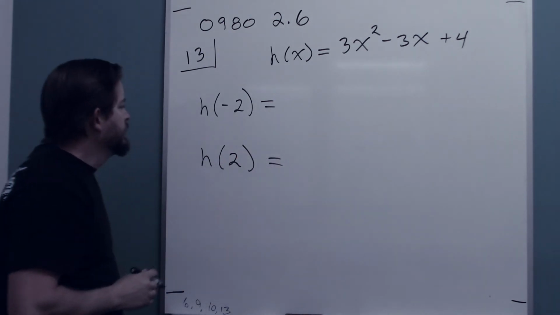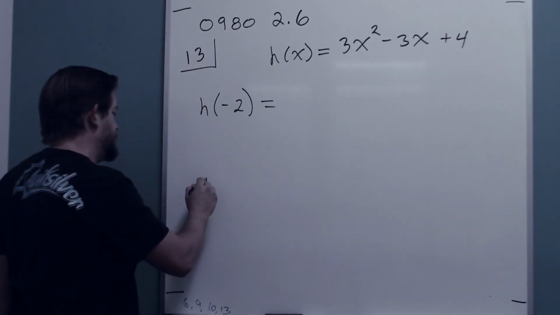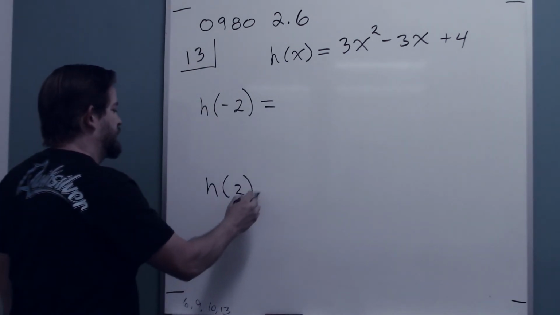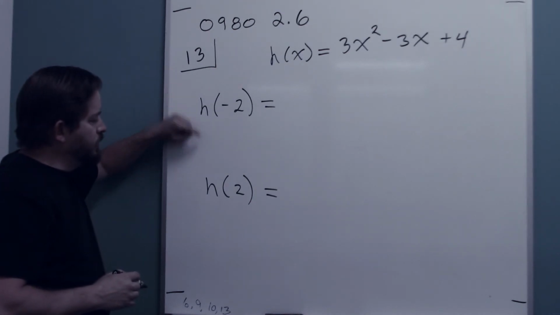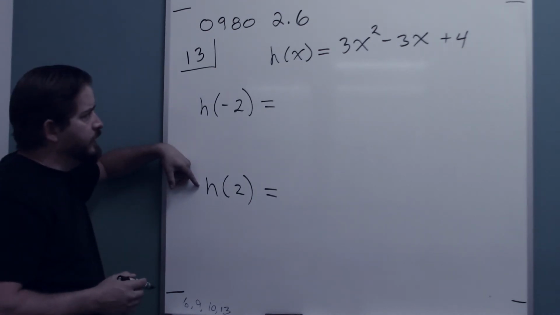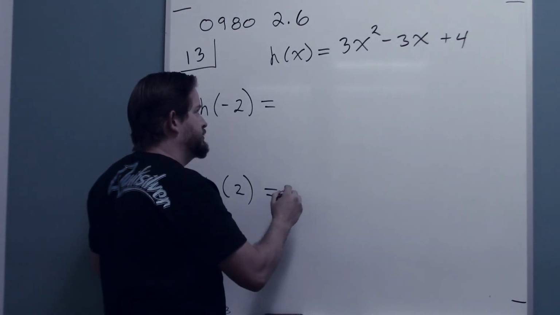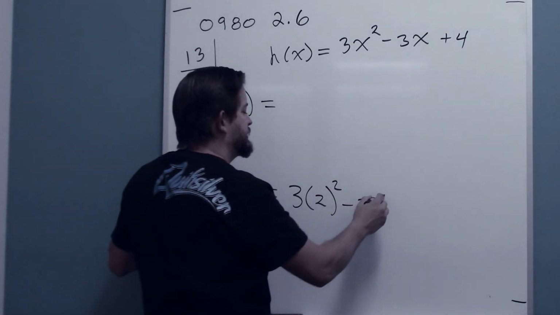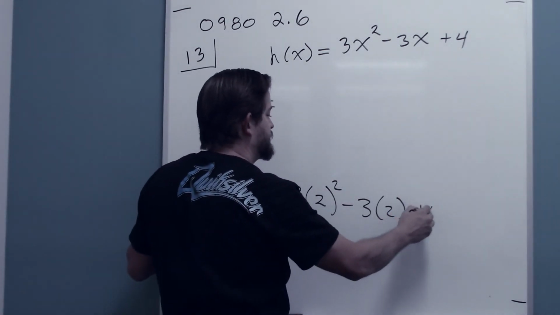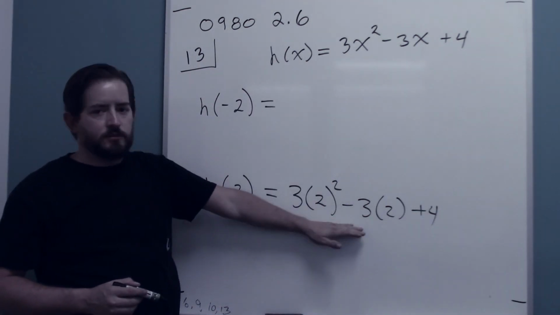Right? But it's here when people mess up, right? This negative. So I'm going to do the 2 first. We'll show you that one, because that one's fairly easy. That's just replacing all of the x's with a 2. So I have 3 multiplied by 2 squared minus 3 times 2 plus 4, right? It's this expression where all of the x's are now 2's.